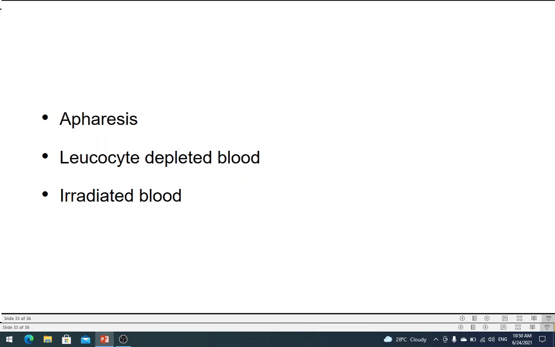I want only the platelets, so I'll remove only the platelets, and the rest of the blood I transfuse back into the donor. This is called apheresis. So you can have leukopheresis, you can have plateletpheresis, like that. Anything can be extracted.